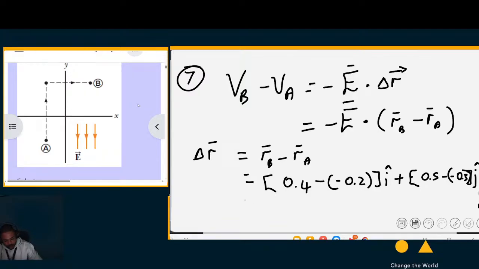In the j hat direction, if we work that out, that is just elementary. 0.4 plus 0.2, that is 0.6.